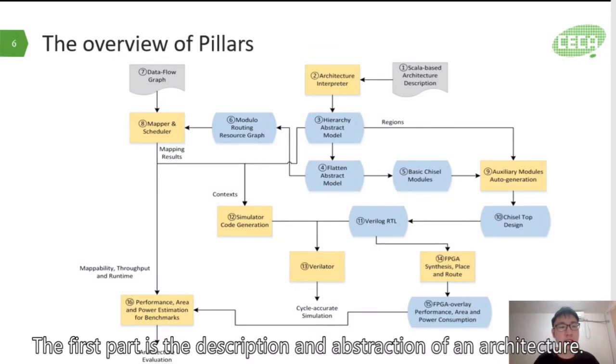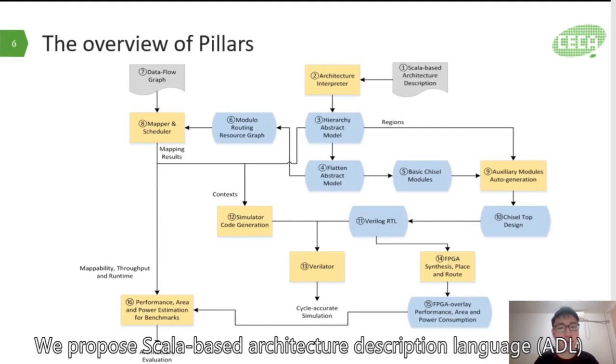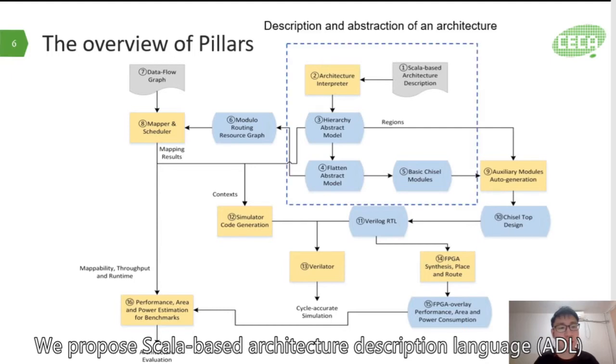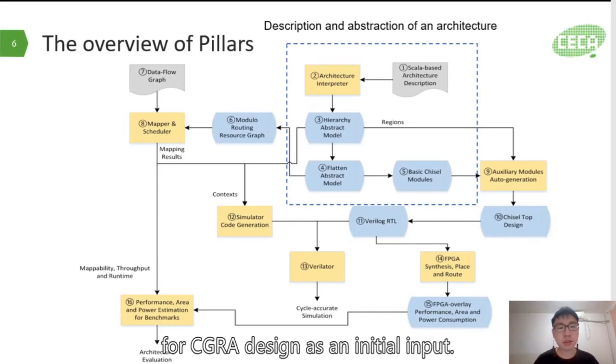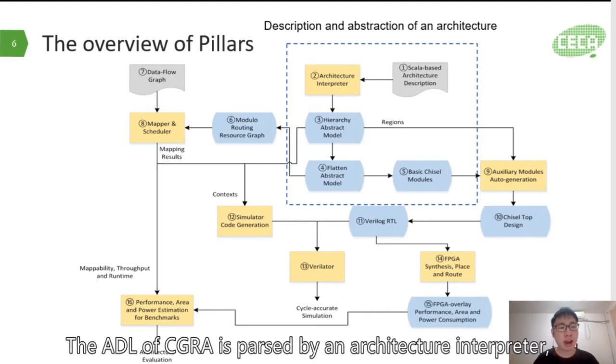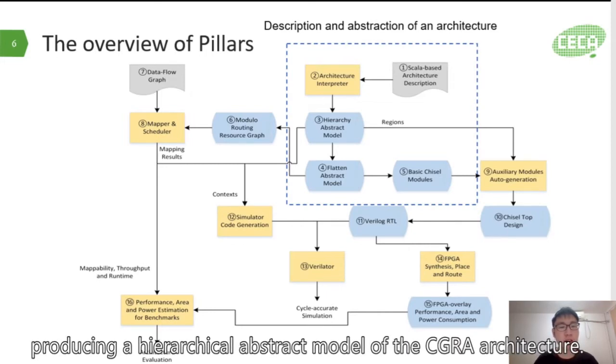The first part is the description and the extraction of an architecture. We propose a Scala-based architecture description language (ADL) for CGRA designs as an initial input. The ADL of a CGRA is parsed by an architecture interpreter, producing a hierarchical abstract model of the CGRA architecture.